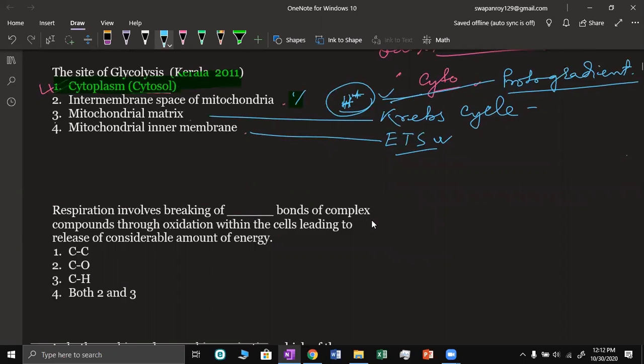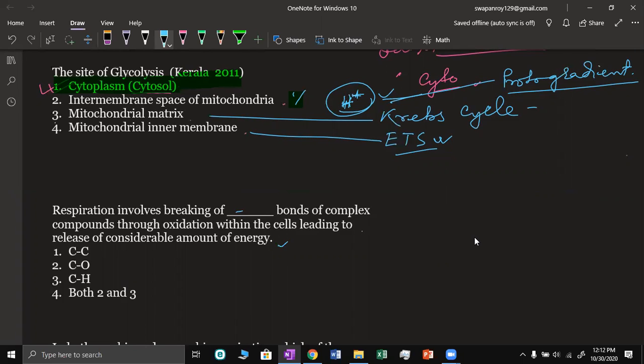Okay, next question. Respiration involves breaking of dash bonds of complex compounds through oxidation within the cells, leading to release of a considerable amount of energy.